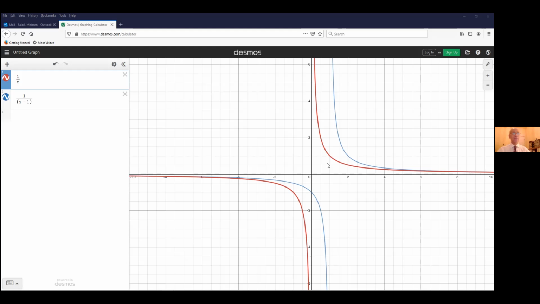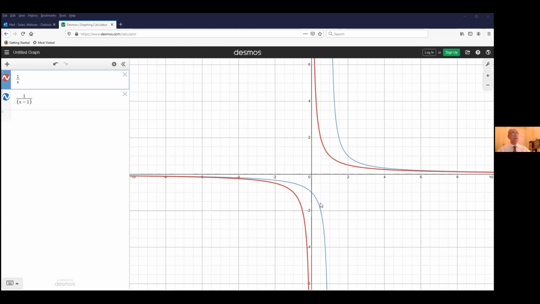Now, don't compare this red with this blue up here, because 1/2 was here, and we do have a vertical asymptote for g of x at x equals 1. So this blue in here will never hit x equals 1. So anywhere between 0 and 1, this red graph is above this blue graph.